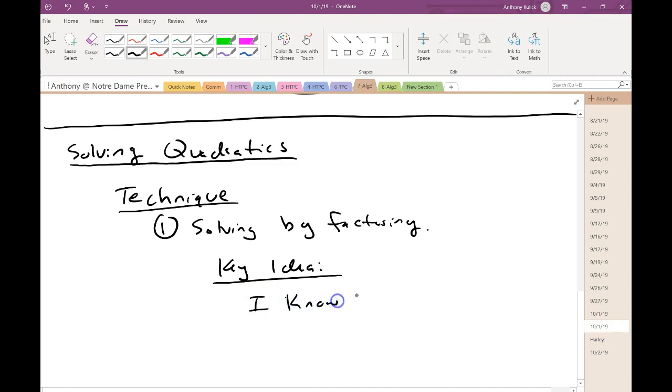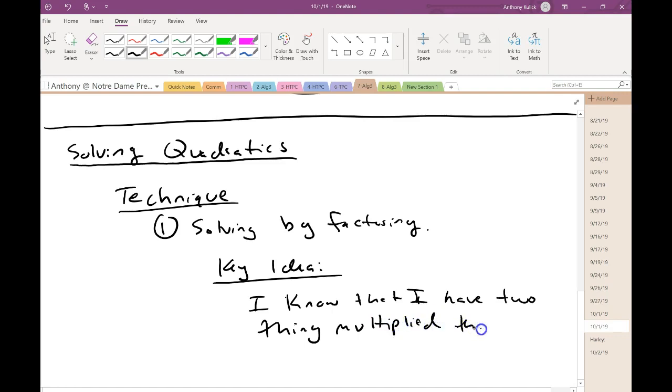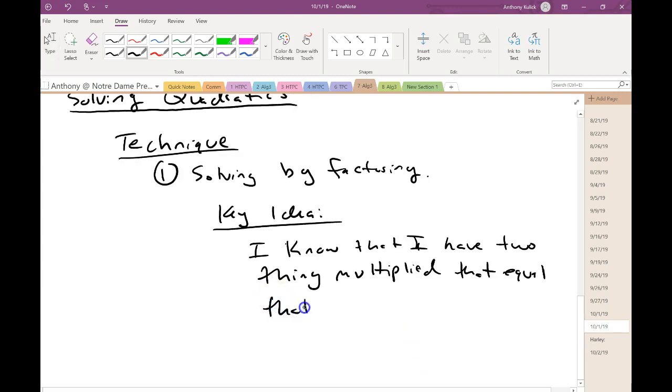I know that if I have two things multiplied together that equal 0, then at least one of those two things equals 0.